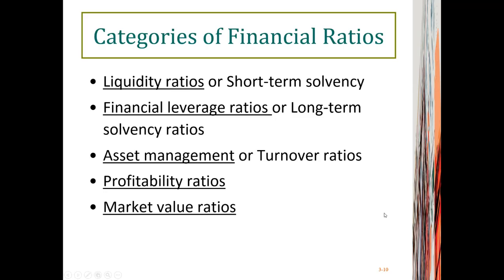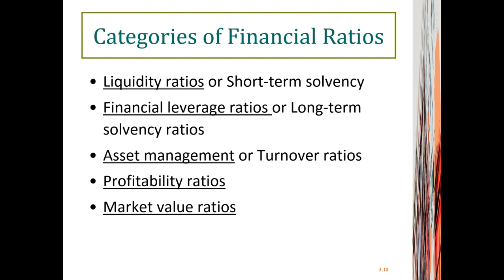Now let's take a look at 5 different categories of financial ratios. As I said, there are more than a dozen financial ratios that you need to deal with in this class, but we can put those ratios into 5 different categories.